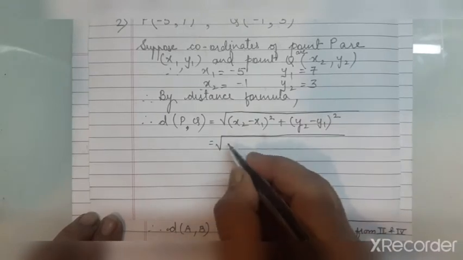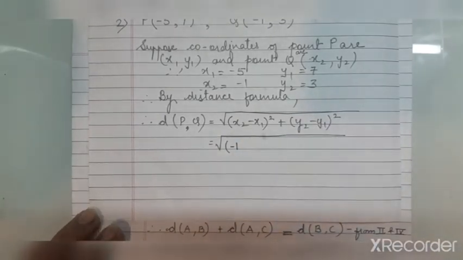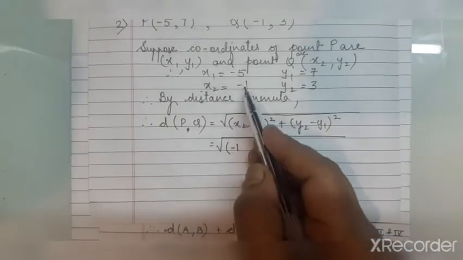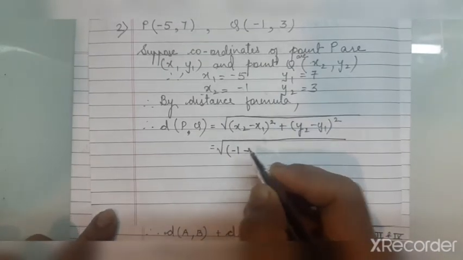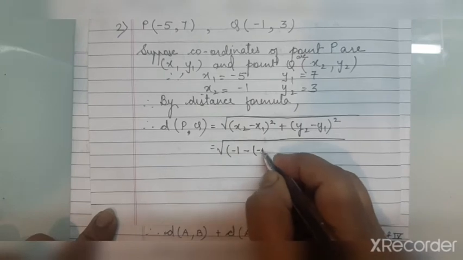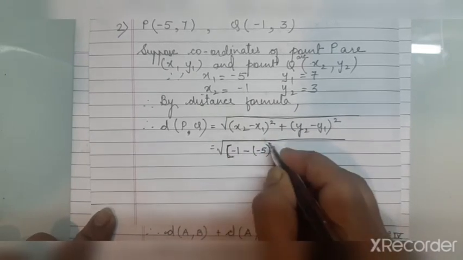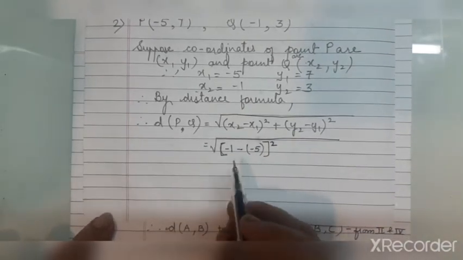What is x2? So x2 is -1. Be careful when you are substituting. See that you also write the correct sign. So x2, -1, minus x1. x1 is -5. So in bracket I will put -5 and this I will give a bigger bracket, instead of putting both the brackets same.